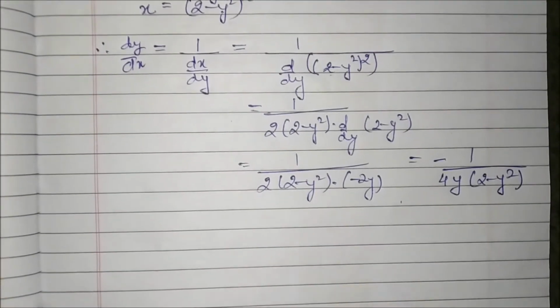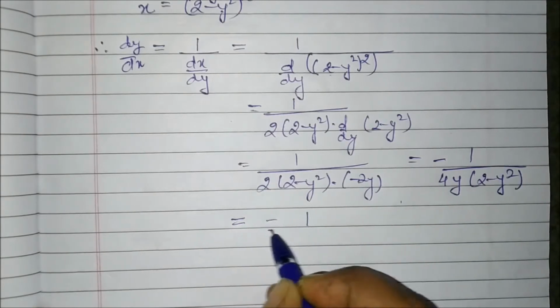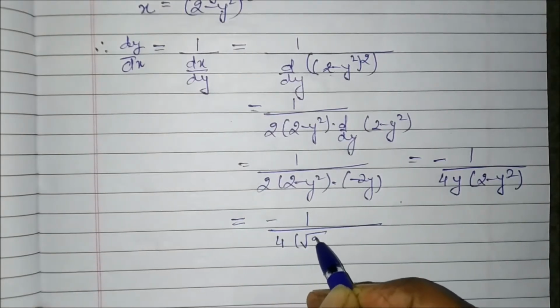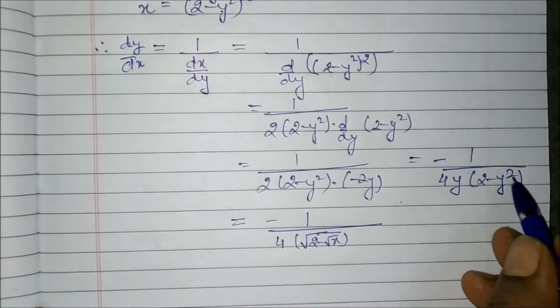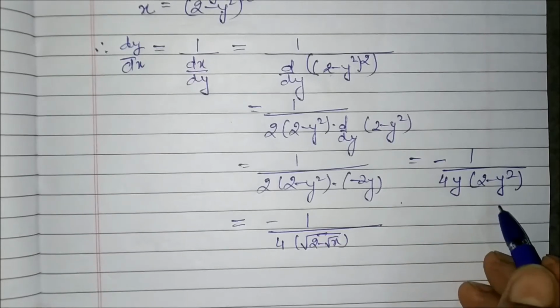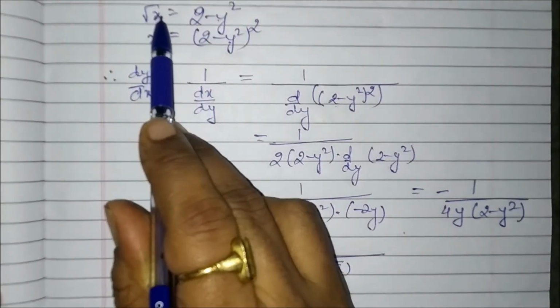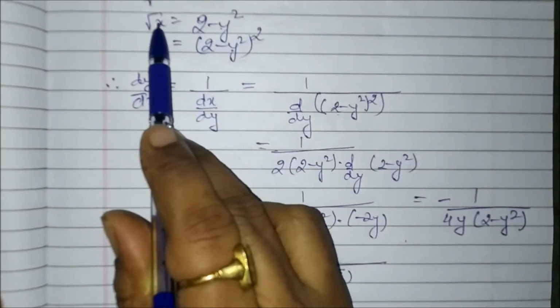Now we will replace this y by the original expression, root of 2 minus root x, and 2 minus y squared is taken as root x. Here 2 minus y squared can be written as root x.